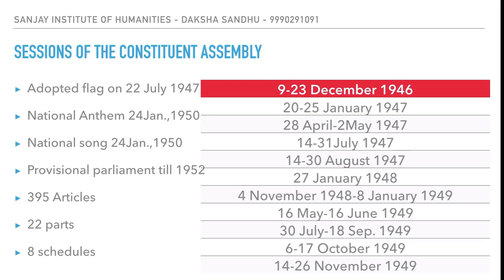Not any other number like 450, 456, 464, etc. Because the number of articles and schedules has increased only because of amendments. The real number of articles adopted on 26th November 1949 was 395.